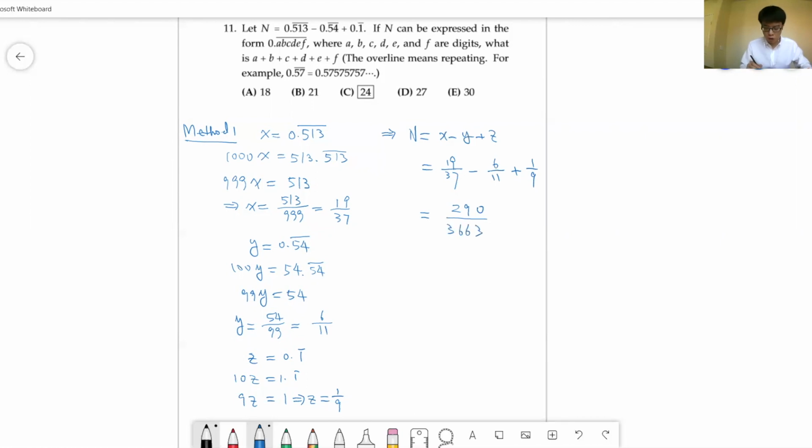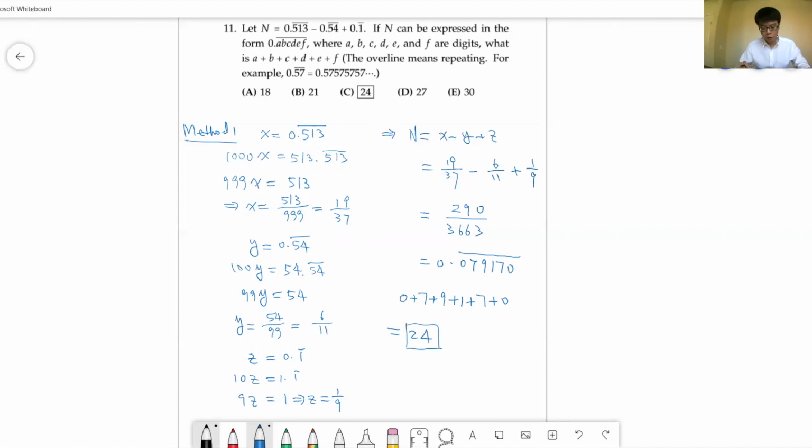And then we write this in terms of decimal number. This corresponds to 0.79170 repeating. And so the answer is, so A plus B plus C plus D plus E plus F, 0 plus 7 plus 9 plus 1 plus 7 plus 0. The answer is 24. So the answer is 24.